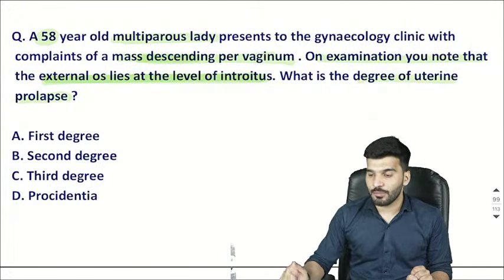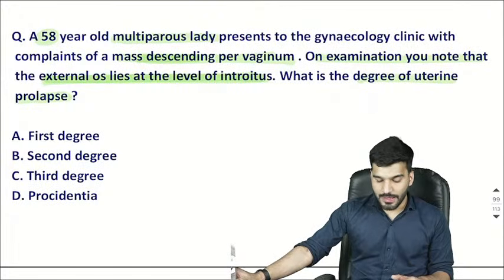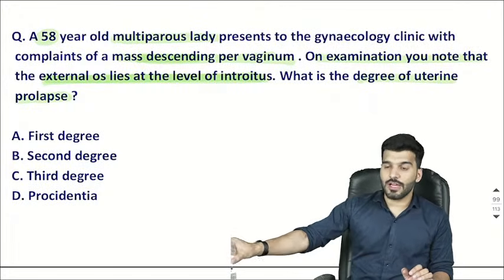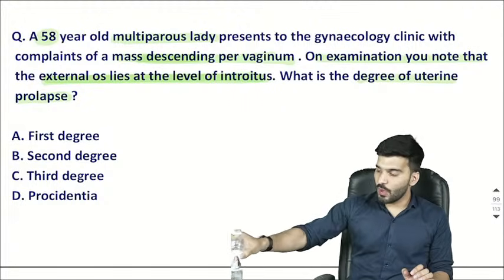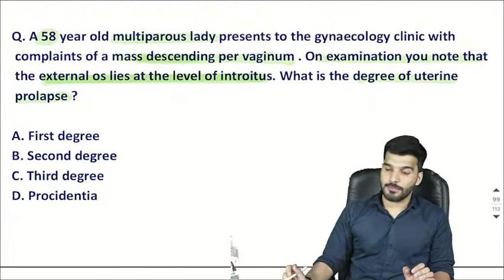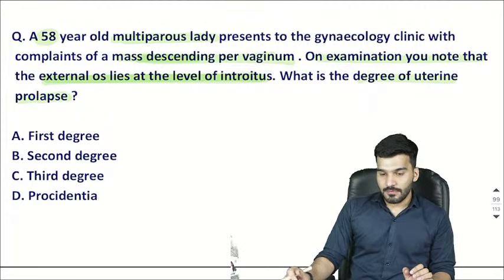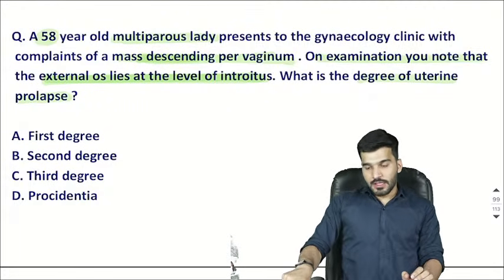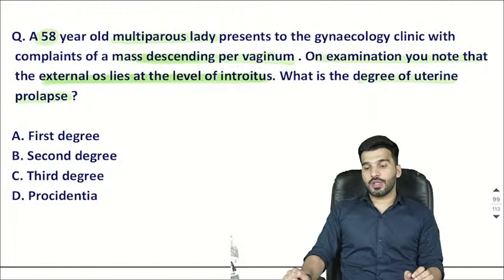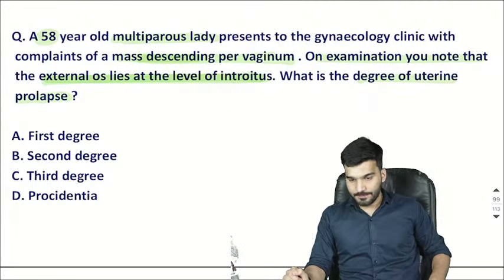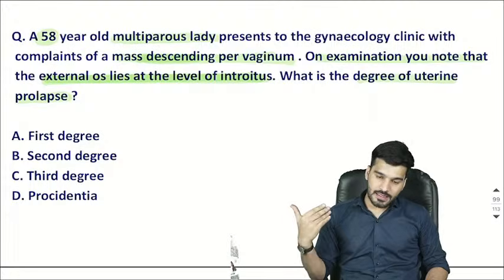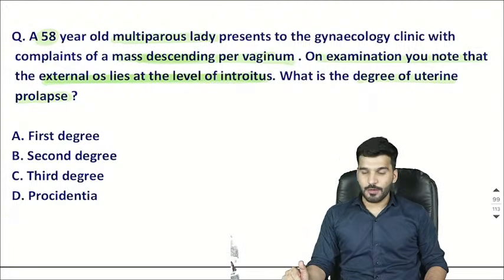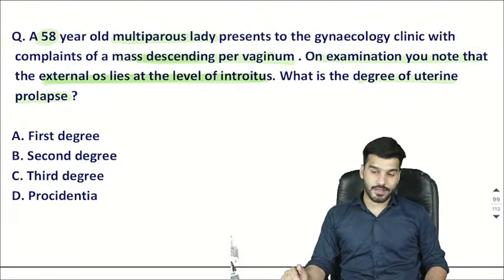Write down in the chat box, anybody. What will be the degree of uterine prolapse? Yes. Now, if you remember Shaw's classification of uterine prolapse, we have discussed first degree, second degree, third degree, and procidentia, depending upon the descent of the cervix.